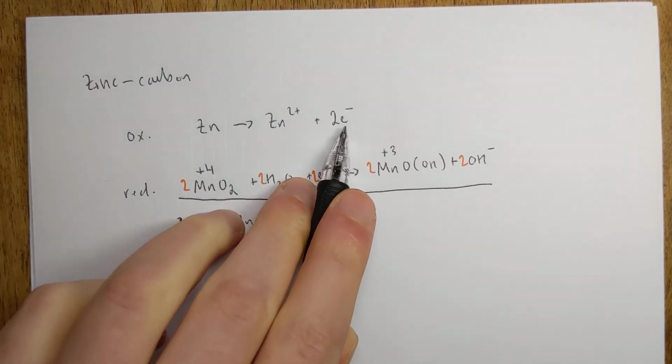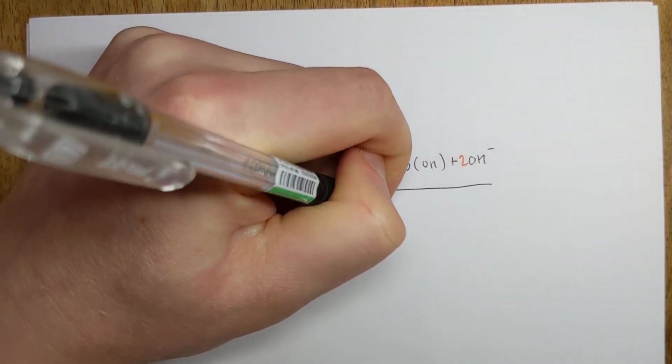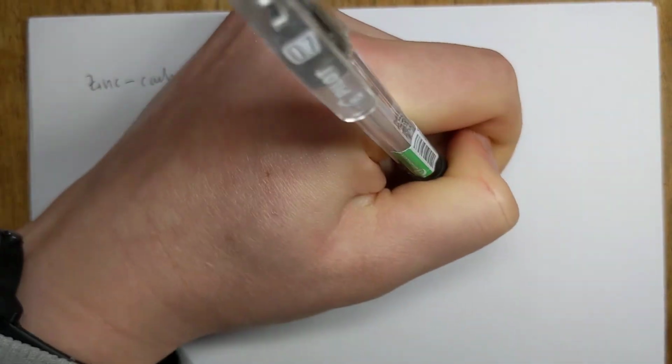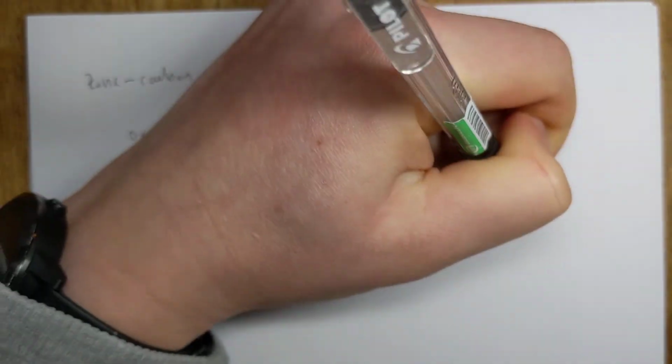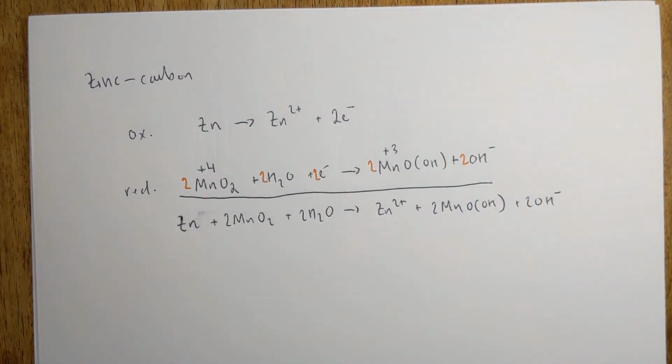Don't need those electrons because the electrons are the same on the other side. So it's going to zinc 2+, plus 2 manganese oxide hydroxides, plus 2 hydroxide ions. So even though this looks very long and complicated, that is essentially what the equation is in this battery.